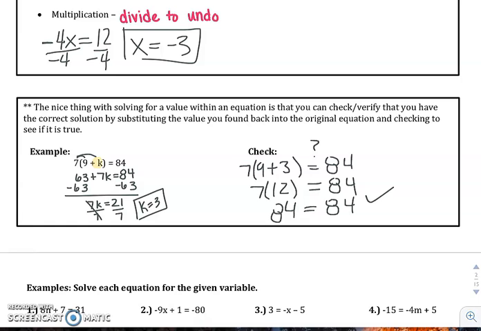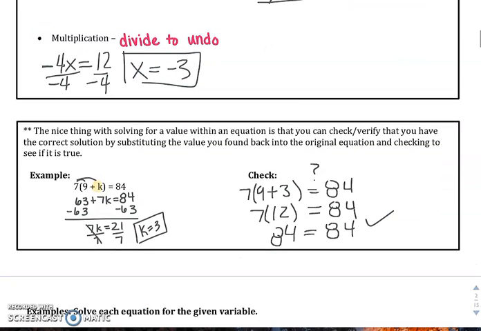So, it worked out. That is the nice thing when you're doing this. You can always check your answer if you're unsure of what you got, especially since sometimes you might get decimals. They won't always work out to be whole numbers every single time. But that is a possible option for you.